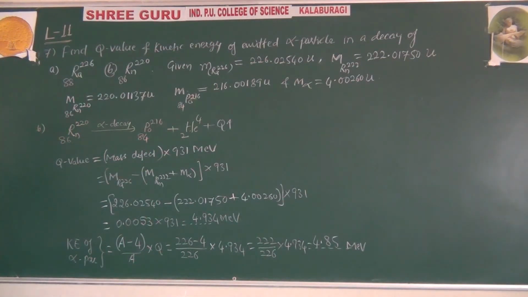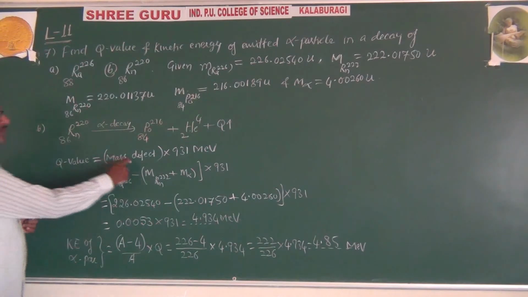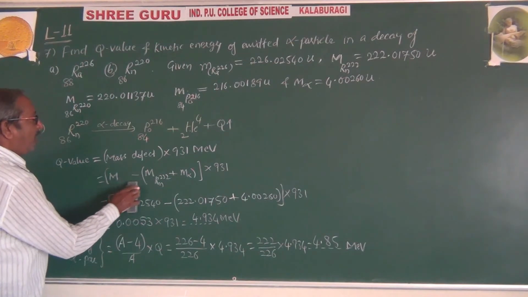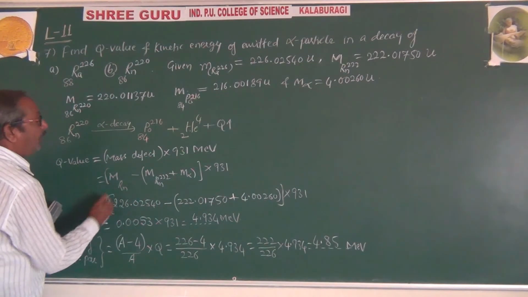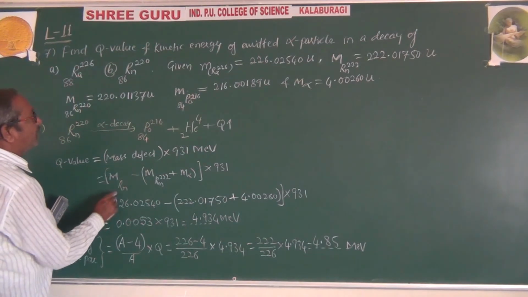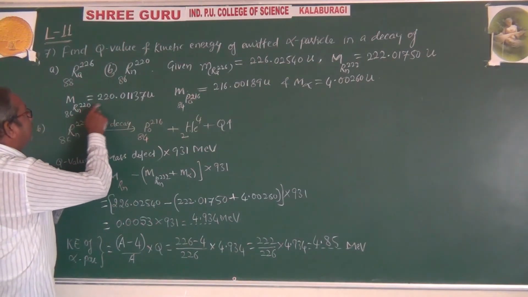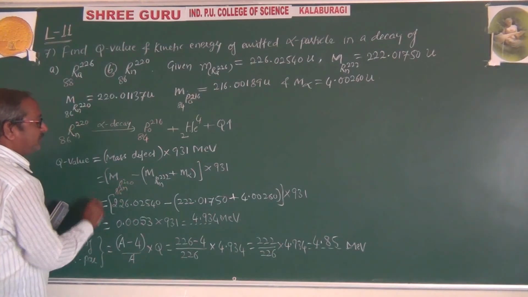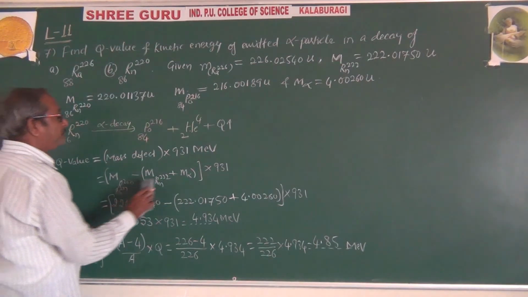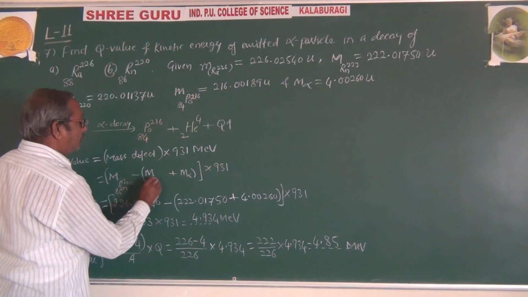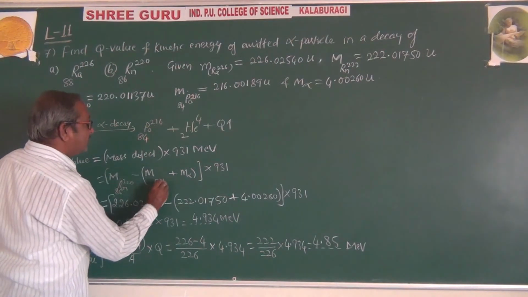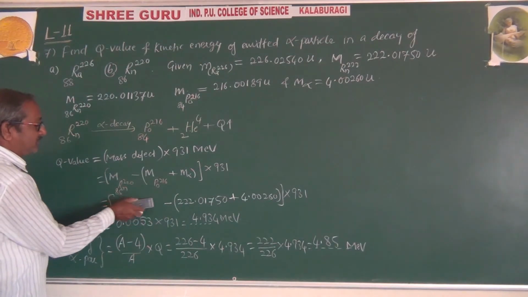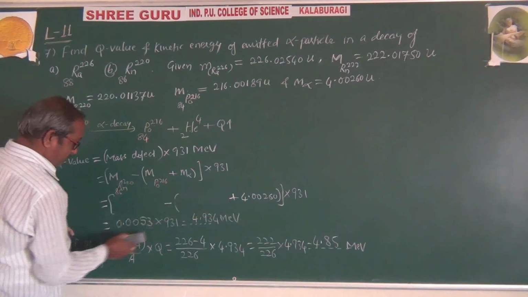Like this is the reaction. Here the Q value is mass defect into 931. Here this is the mass of radon, how much will be given. The mass of radon 222, polonium 218, and helium 4.